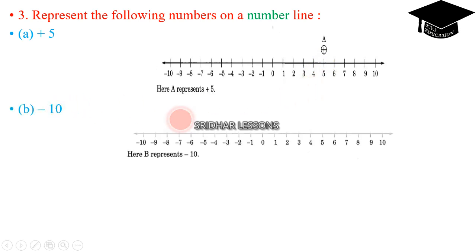Minus 10. 10 positions left to the origin, left side, 1, 2, like this. The positions I am telling, first position, second position, third position, like this in the 10th position, but the direction is negative direction, so it represents -10. Left side of the origin.